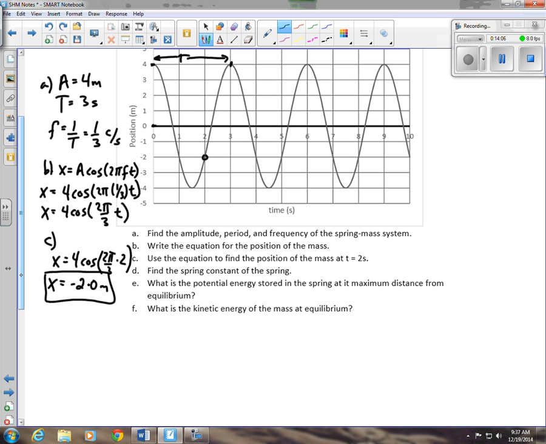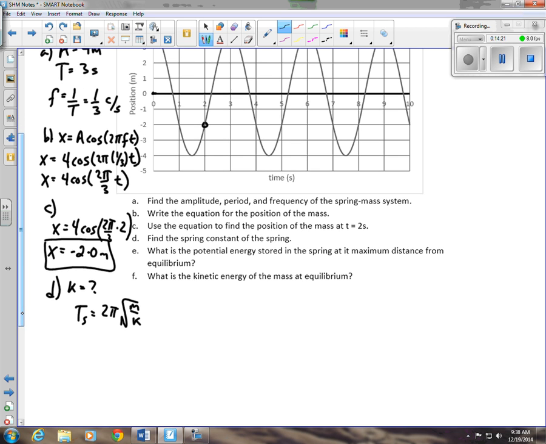Part D is find the spring constant, so I'm looking for k. Now, we can go back to this equation. T is 2 pi square root m over k. Plug in our values for T and for m. So the period was 3 equals 2 pi square root.